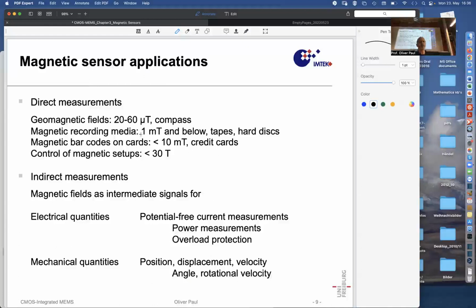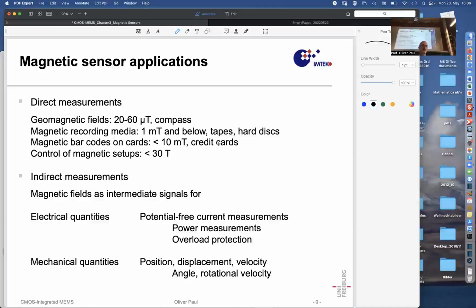Then magnetic recording media have typically 1 millitesla or so. These magnetic recording media, hard disk, tapes, barcodes, some cards are 10 millitesla, credit cards also. So that's okay if you have a small Hall sensor in those machines where you put in your banking card.